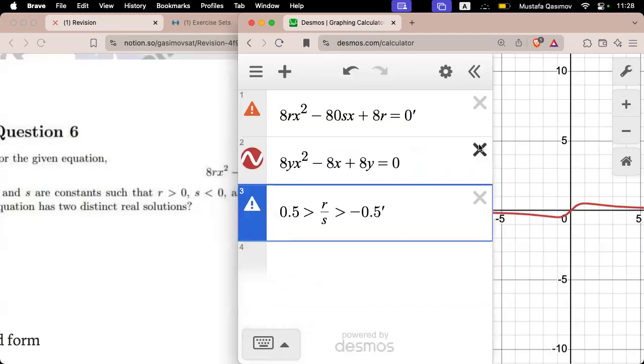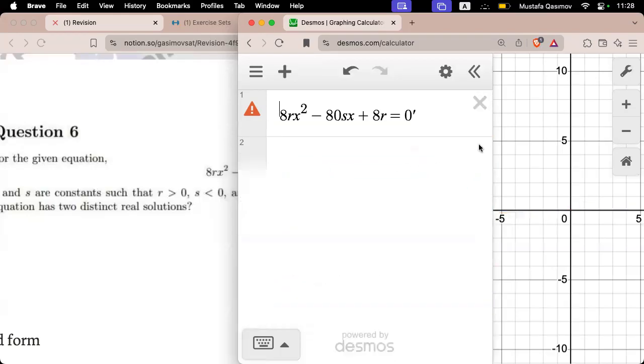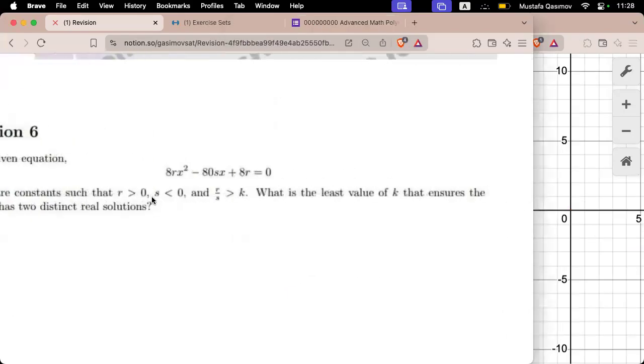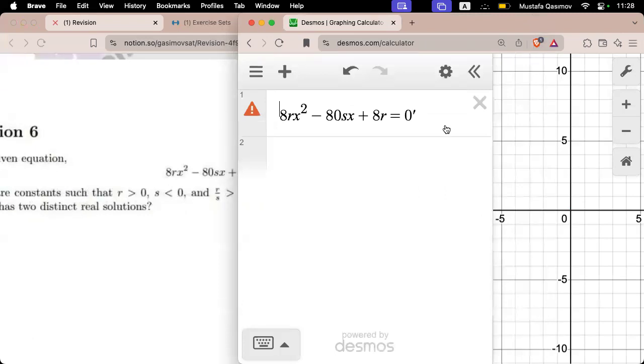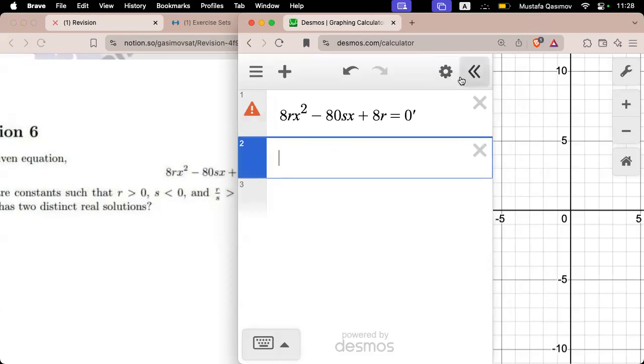Okay, also let's look at how to solve it without this method. Actually, I remember the answer was 5, but we got negative 0.5, right? So let's try another method. Let's divide all of them by 8.